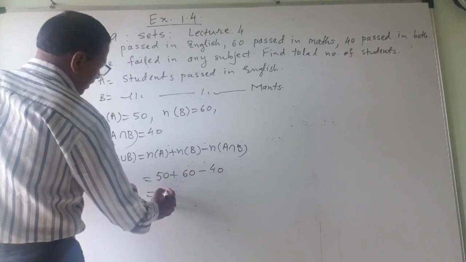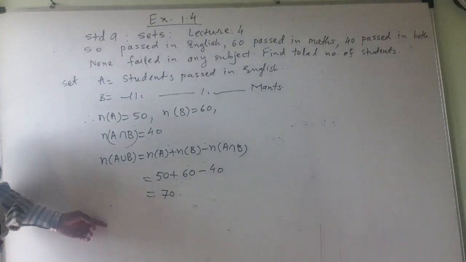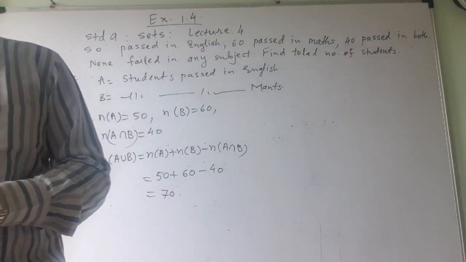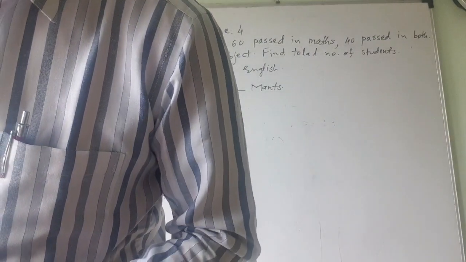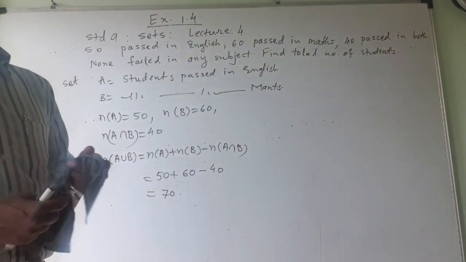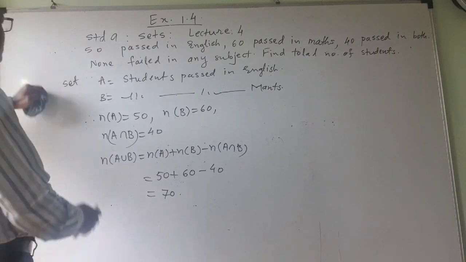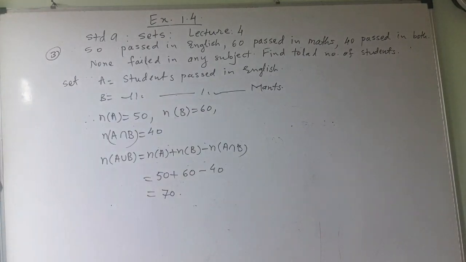So this will be 70. So how many students are there? Total number of the students is equal to 70. That answer you have to write. Hope that you have understood this. Some very important question. This was the third question, I think. Third question we have done from exercise 1.4.